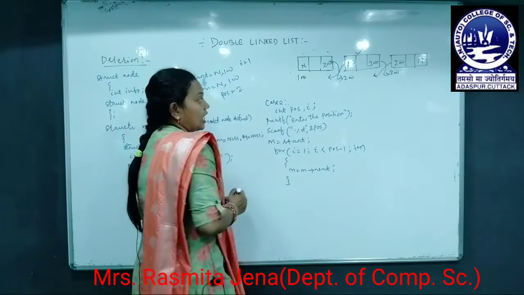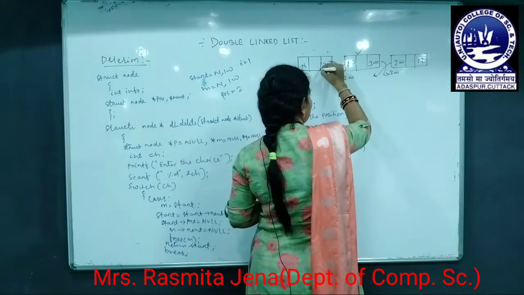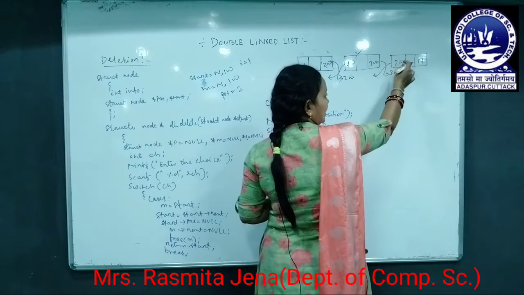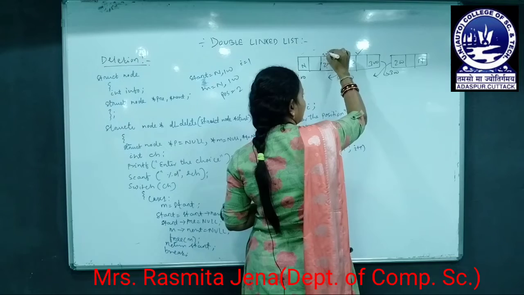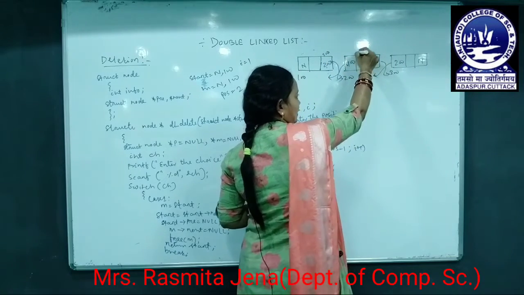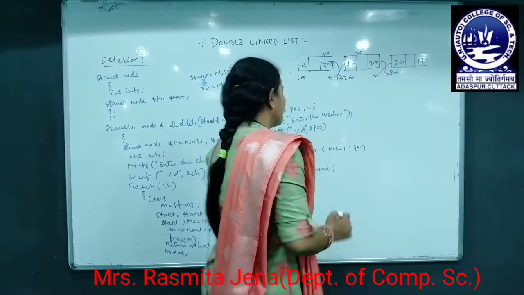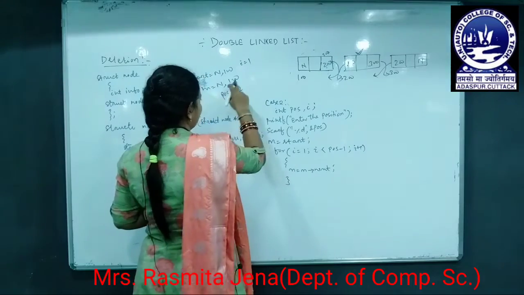Okay. Then I will remove the link. That means I will set at this location the address of this node. That means at this location I will store 300, and I will remove the links that are connecting this node. Okay. So first I will set. So now you can see m equals to 100.